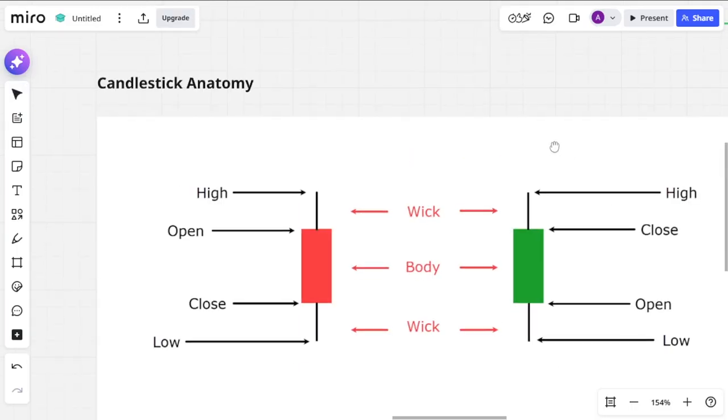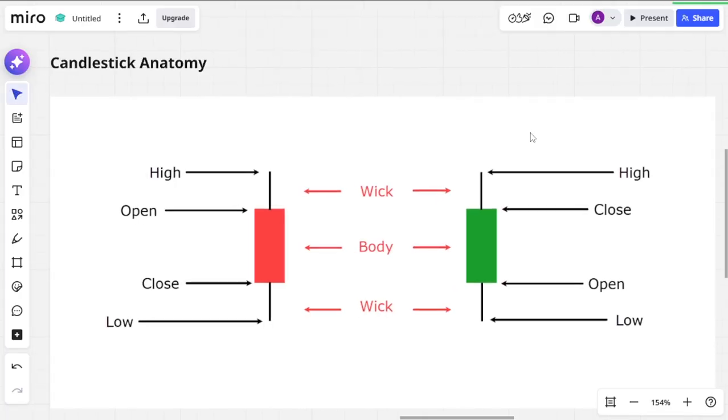Next thing is the candlestick anatomy. So we have bearish and we have bullish. For the bearish candlestick, we have a high, our open, close, and our low. Right?